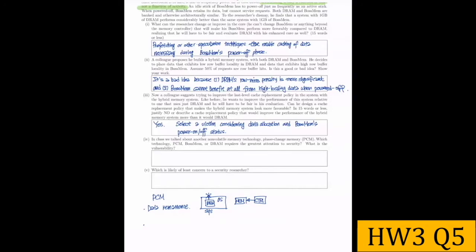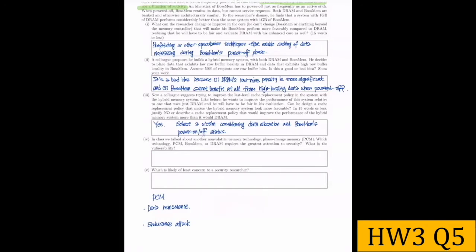So an adversary can quickly exhaust the lifetime of a PCM chip by maliciously issuing write requests very intensively to the chip, which is commonly called an endurance attack. So these are what I can think of as PCM's security vulnerabilities.